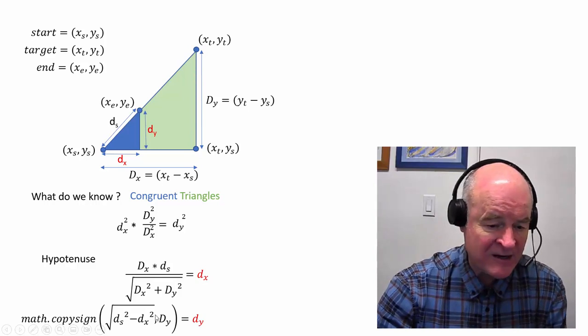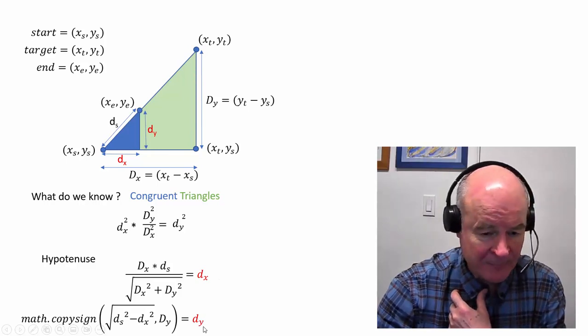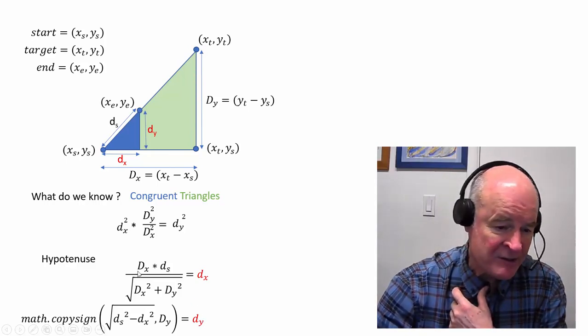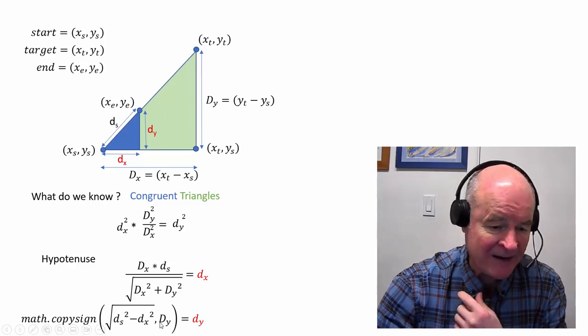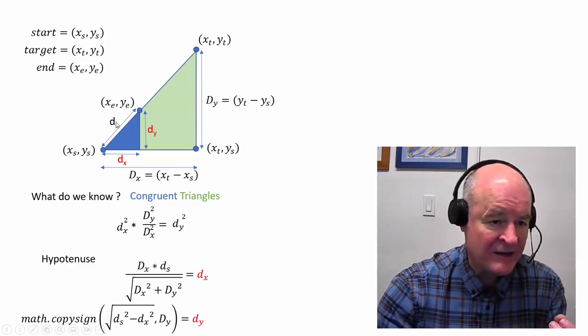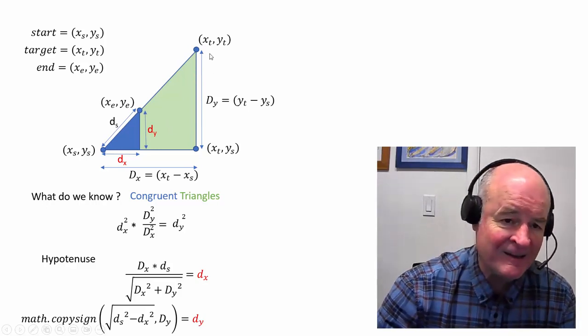And so here I can copy the sign of dy and apply it here. And so now I have an expression for dx and for dy. So my inputs are the differences between the starting and target points, defined here as the difference between the target and starting points. And then I calculate what dx and dy are, and then I can just move by dx and dy every time I want to move until I get to the end.